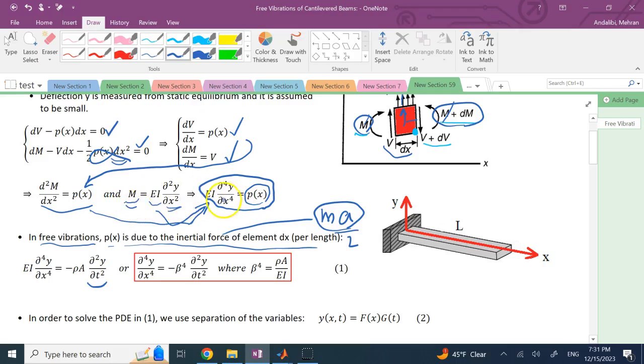It is going to be the second derivative with respect to x of E(x) I(x) times the second derivative of y with respect to x equals p(x).